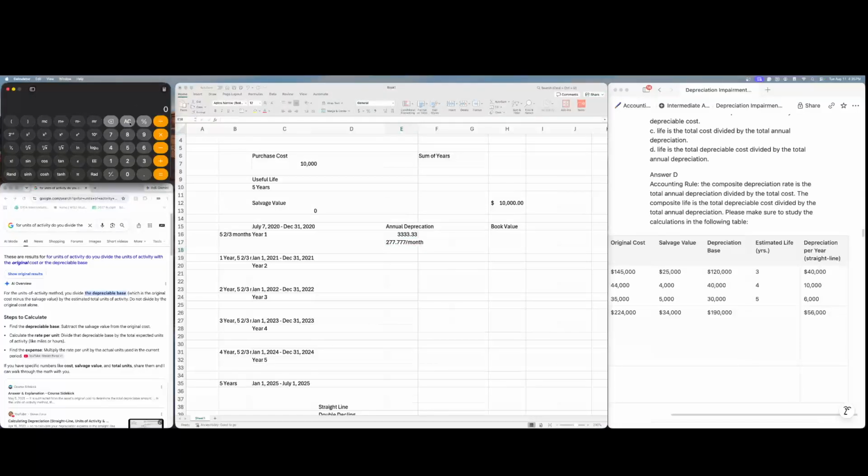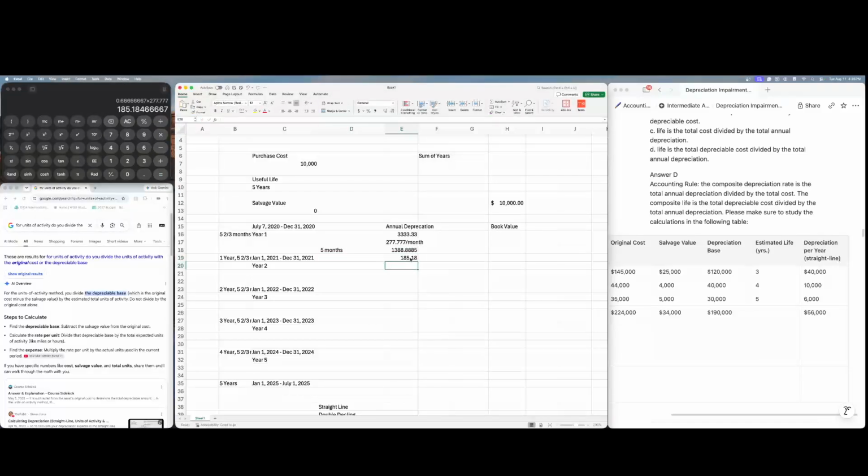For 5 of those months, you would have 1,388.885. But for the last month, it's only 2/3, so 2/3 times 277.777. For one of those months, you would only have 2/3 of depreciation.